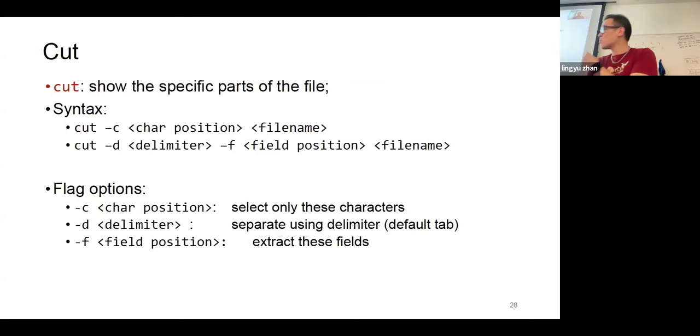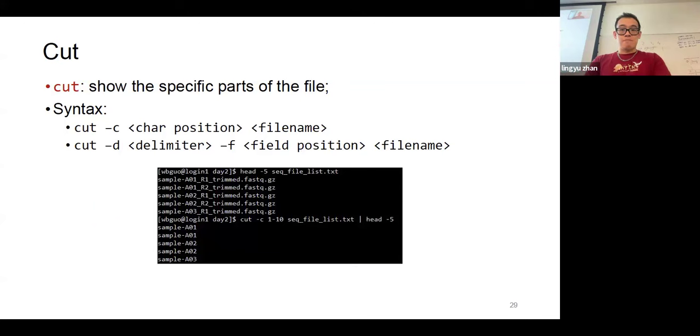I think the second usage is more frequently used in my own experience, but we will also learn about the first one. The -c is the character position, so it selects only the characters within the range. We'll learn about that later. The -d stands for delimiter, so it's either comma, tab, or some other delimiter of your interest, and the -f stands for field position.